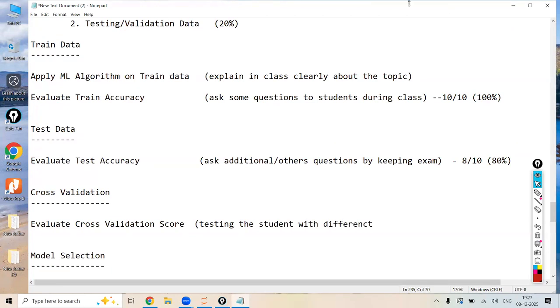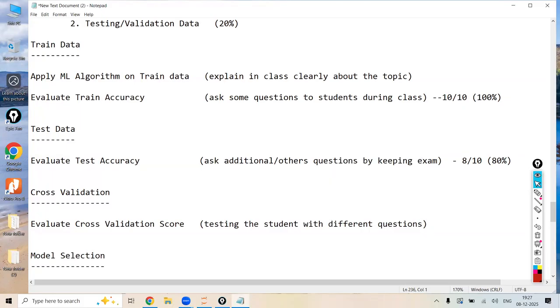Earlier, you were given one type of question paper. Now giving a different question paper. Testing the student with different questions, or different exam question papers.